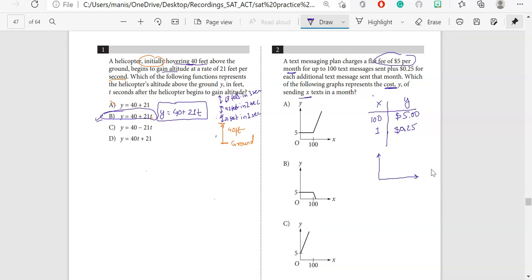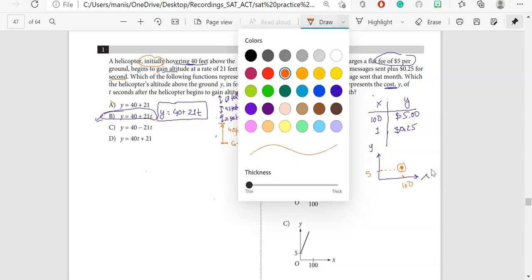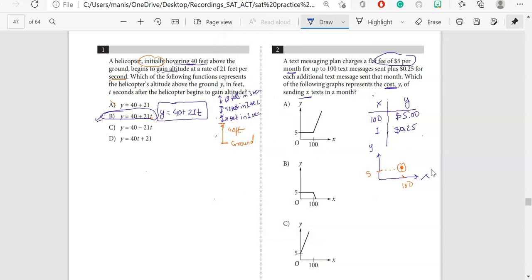If I'm trying to plot a graph, this is my y, that's my x, and my value of y is 5 when x is 100. This is my first point. After this, let's take an example, you sent one extra message, so this will be 101, and the cost goes up by 25 cents.